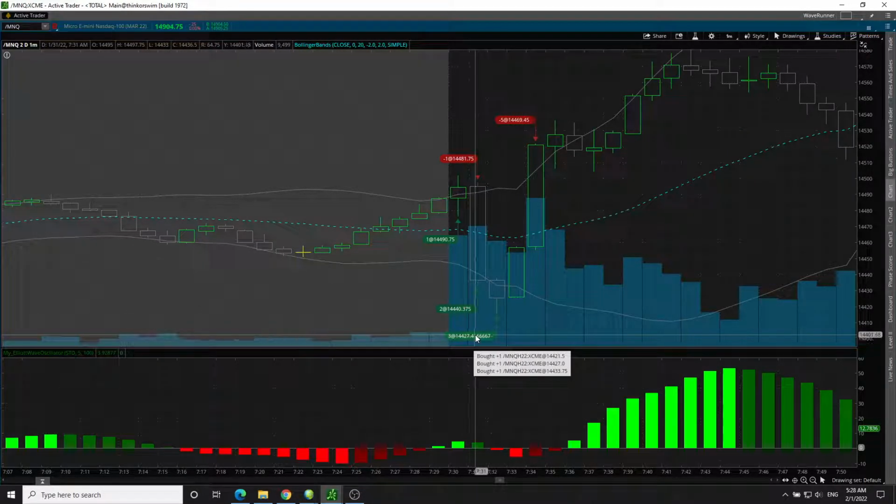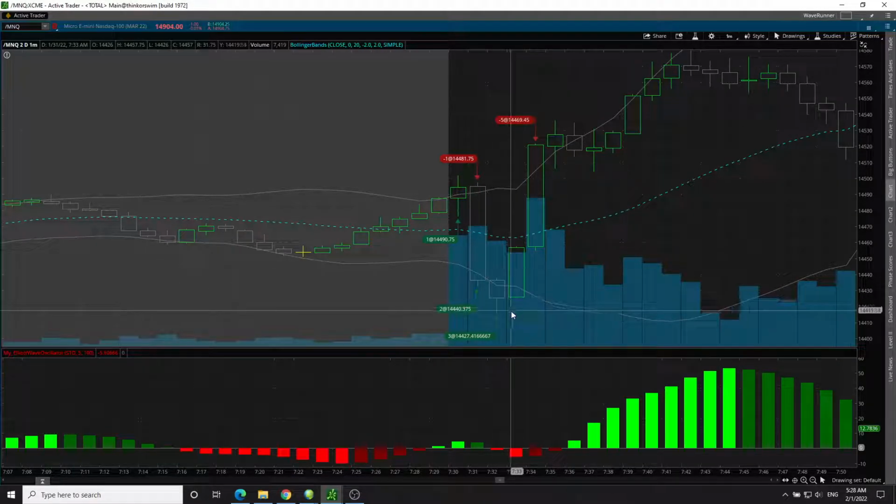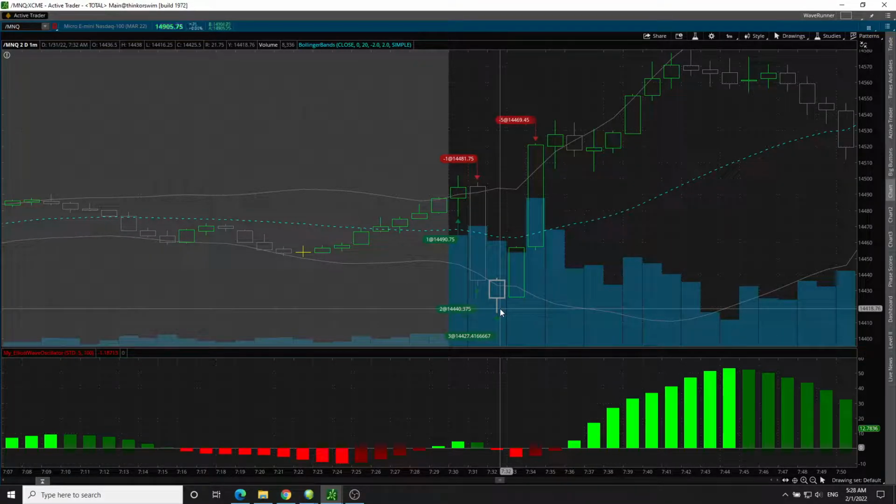Long 3 more at an average of 27. It's approximately right here. Not perfect, but decent. It is outside the Bollinger Band, so it's another great place to buy, as long as the market doesn't keep trending hard.